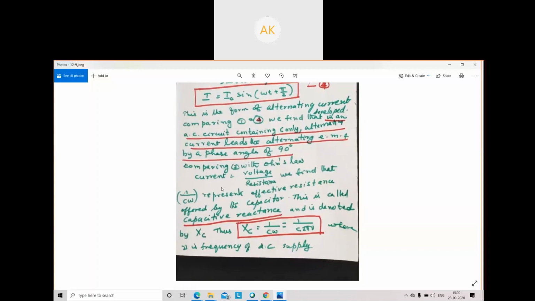So we got the expression for capacitive reactance. Capacitive reactance XC is the opposition offered by the capacitor to AC. XC equal to 1 by C omega, equal to 1 by C into omega, and omega equal to 2 pi into nu. All equations you should know.